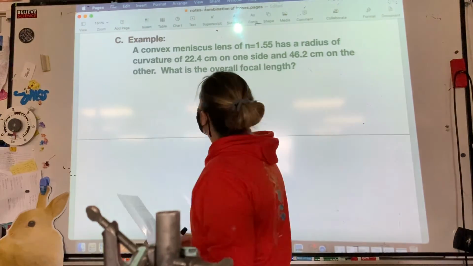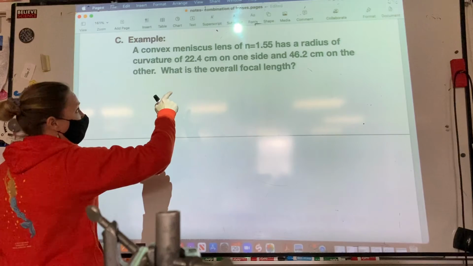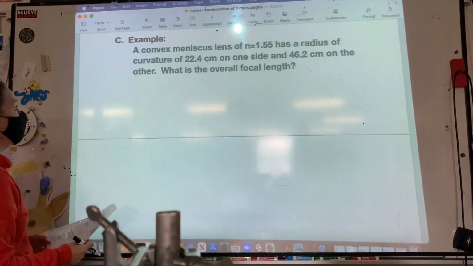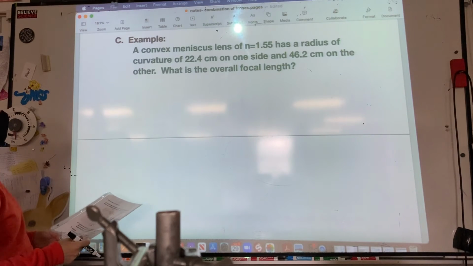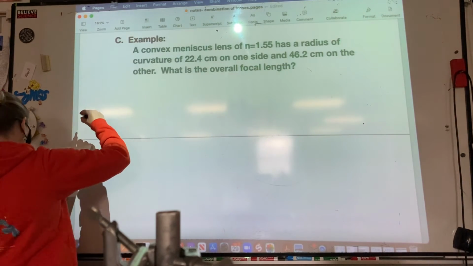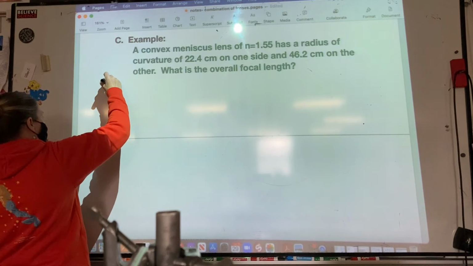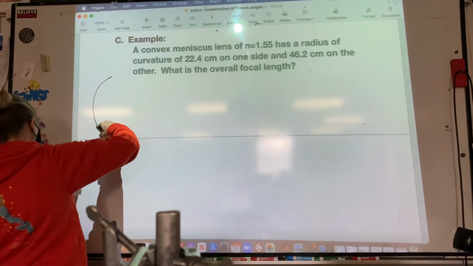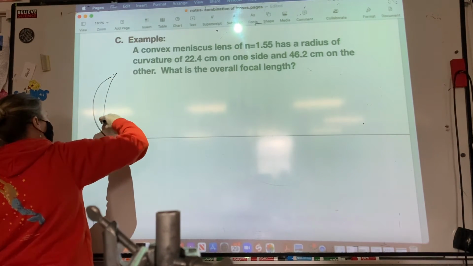We have a convex meniscus lens, n equals 1.55, radius of curvature of 22.4 on one side and 46.2 on the other. So if we draw this, the 22 is bigger. No, 22 is smaller, so that's going to be a tighter curve, and this is going to be a more gentle curve.